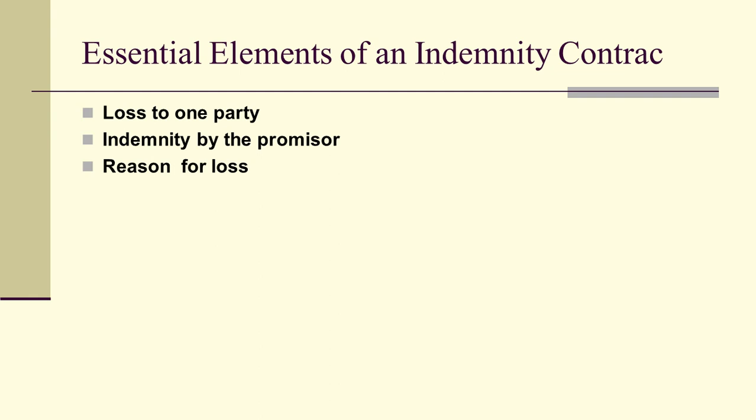And reason for loss, meaning why the indemnity contract exists. What is the reason? The reason is loss. If loss exists, then the indemnity contract will be made. In any general contract, if the indemnifier promises to pay against the losses, the contract becomes an indemnity contract.